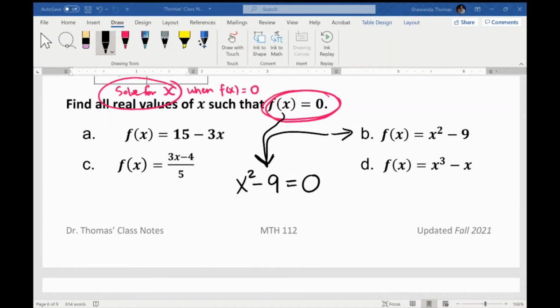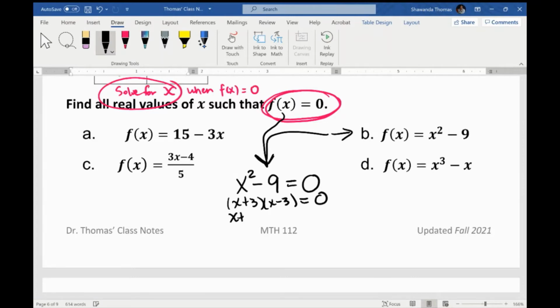Factor. Yes. Anybody know why I would rather y'all factor than add 9? Because a lot of times when y'all add 9, y'all forget there are 2 answers. There are 2 answers to this problem. When you factor it, you can see the 2 factors.